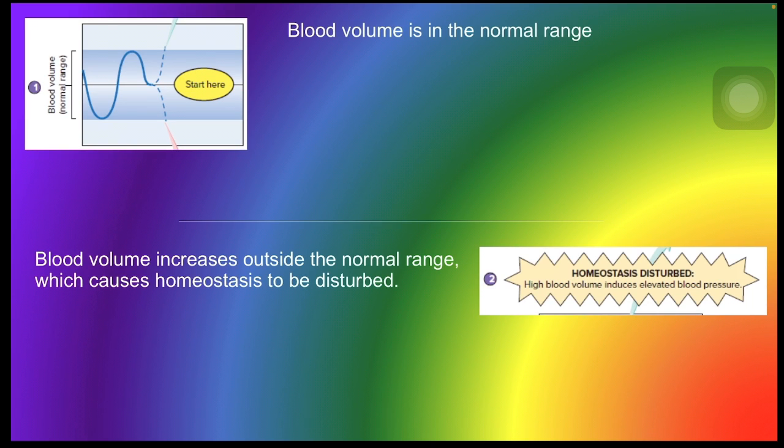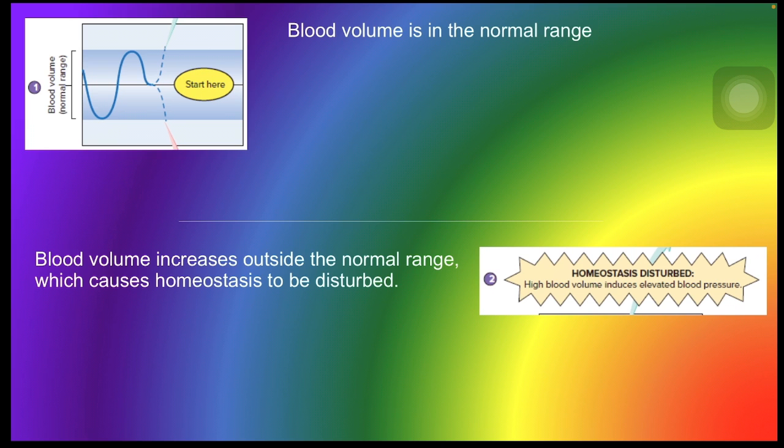Here, we can see the stages of how ANH or atrial natriuretic hormone does its work. Stage 1. Blood volume is in the normal range. Hence there are no signs of change.